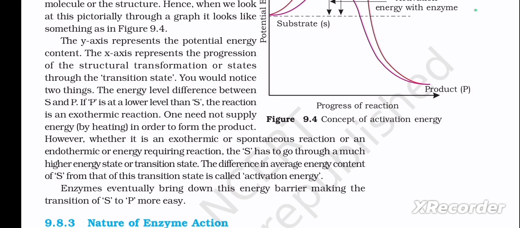However, whether it is an exothermic or spontaneous reaction or an endothermic or energy requiring reaction, the S has to go through a much higher energy state or transition state. The difference in average energy content of S from that of this transition state is called activation energy. Enzymes eventually bring down this energy barrier, making the transition of S to P easier.